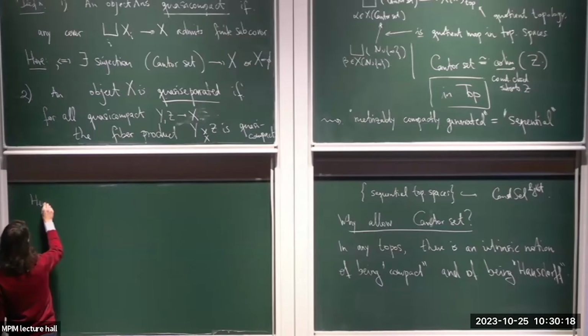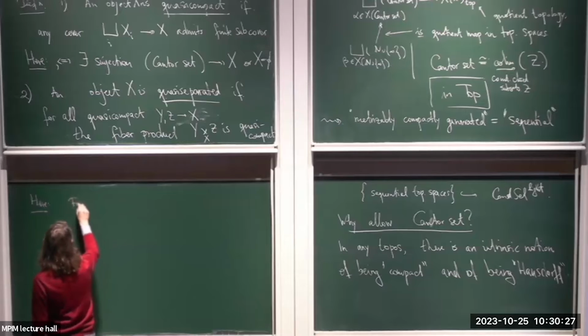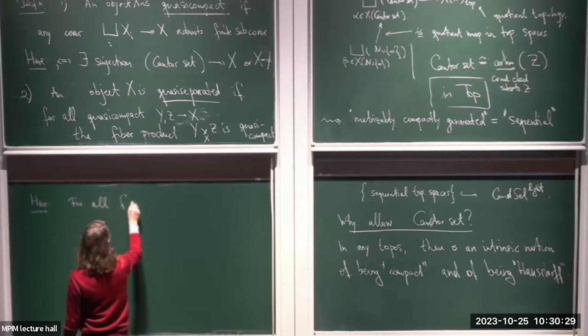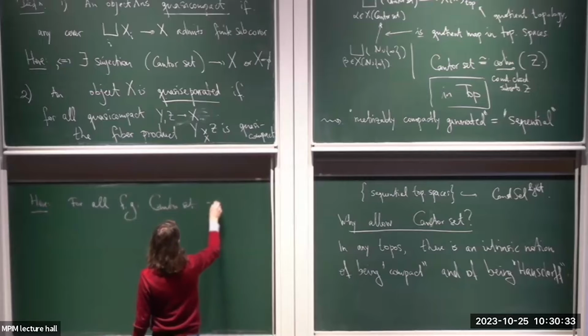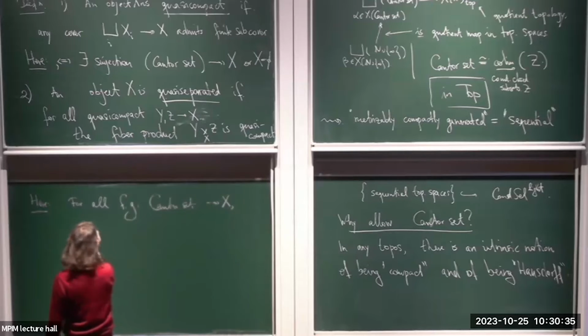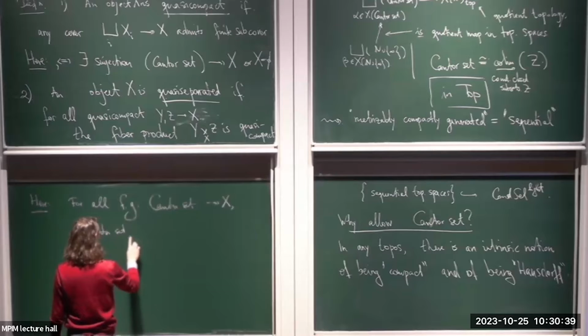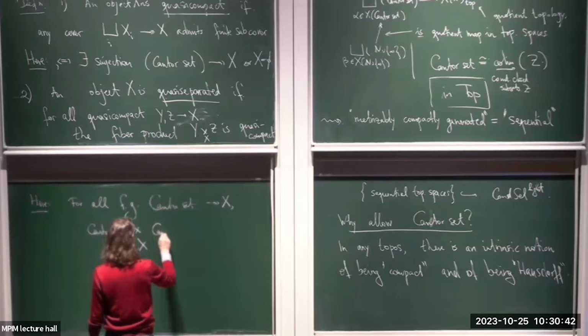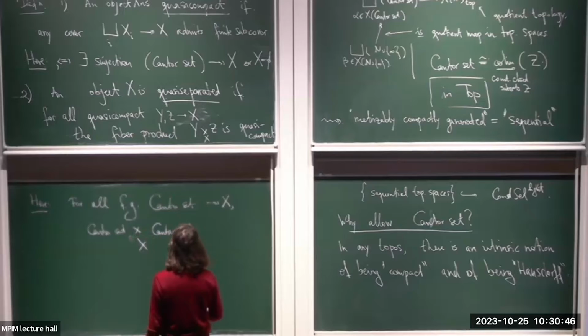Because you can always project onto any quasi-compact object from the Cantor set, it says: for all two maps from the Cantor set onto X, the fiber product is still quasi-compact. I should have chosen a notation for the Cantor set.